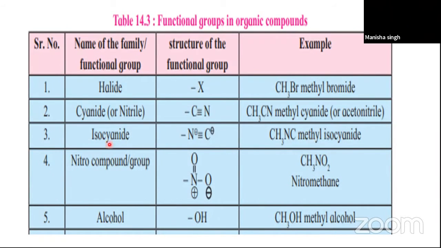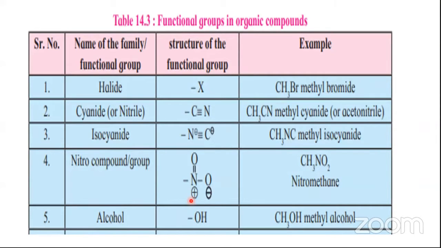Now the next one is nitro compound. In the nitro compound, you can see nitrogen is attached with 4 bonds: 2 bonds with one oxygen, 1 bond with another oxygen, and it has a positive charge because it has used its lone pair of electrons in bonding.